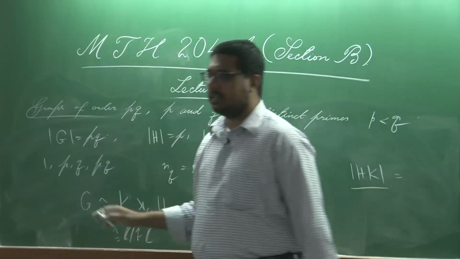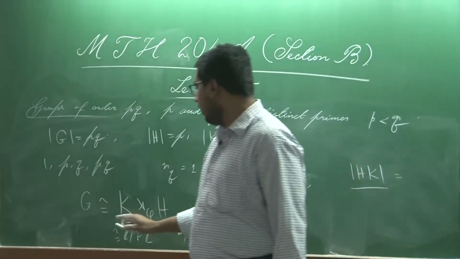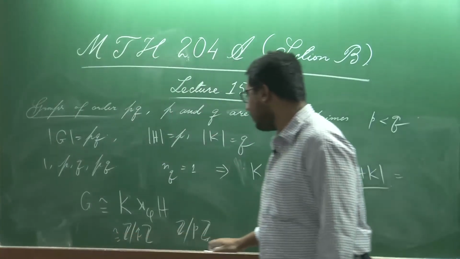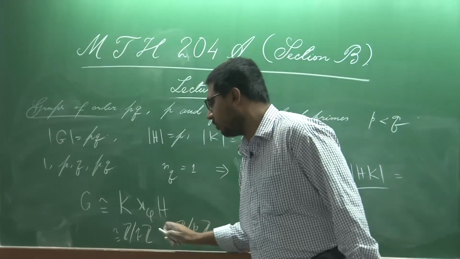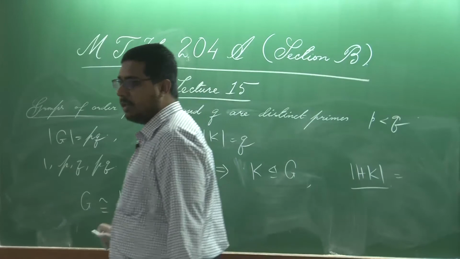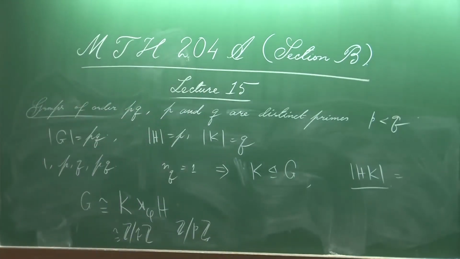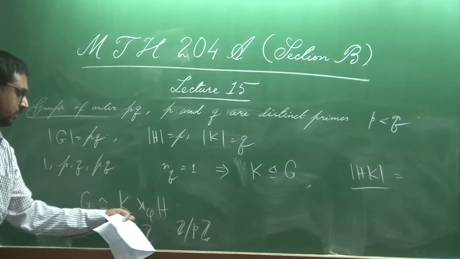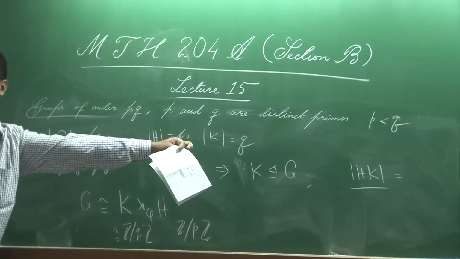Okay. So one thing is clear, that any group of order pq will appear as some semi-direct product of these two groups. What we have just proved is that if we are given any group of order pq, then it has to be some semi-direct product of a Sylow q subgroup with a Sylow p subgroup.